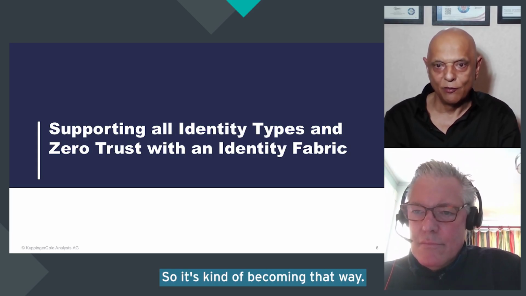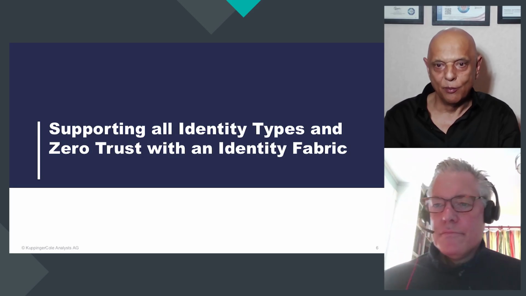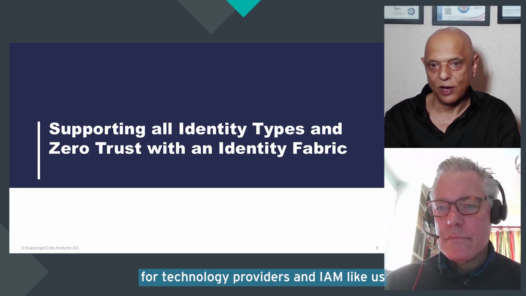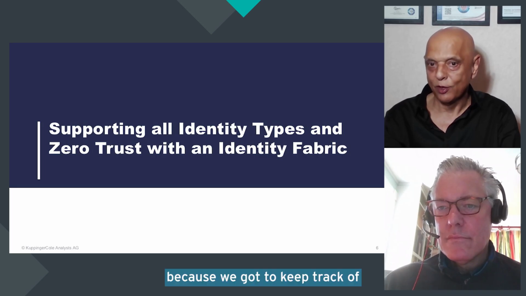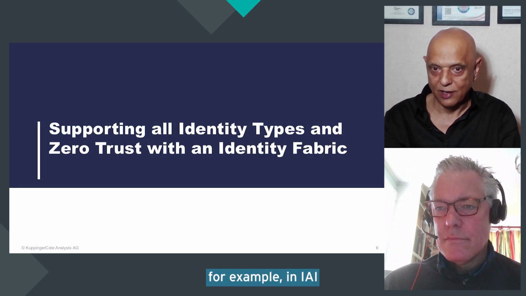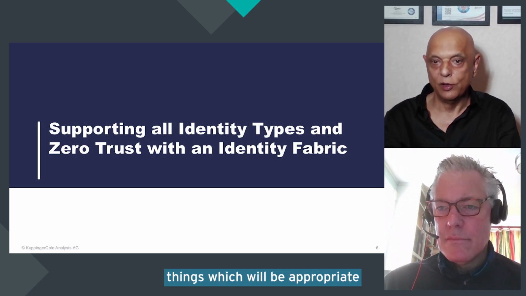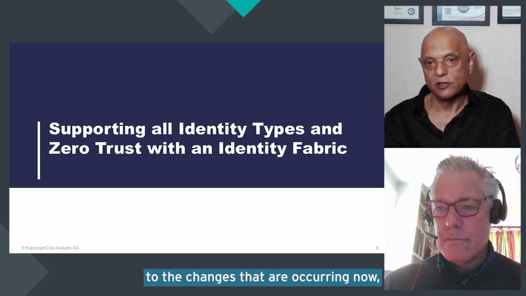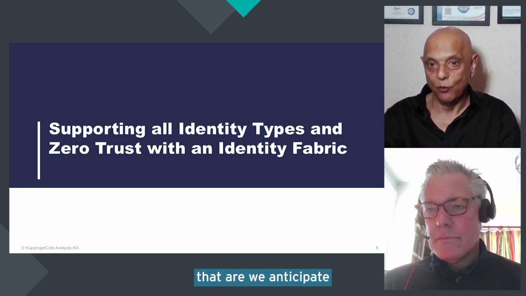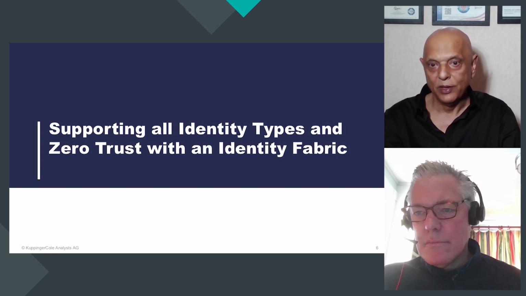So it's becoming more complicated for technology providers in IAM like us, because we have to keep track of what's really going on, for example, in AI, and continue developing things which will be appropriate to the changes that are occurring now, and also taking care of the changes that we anticipate coming in tomorrow.